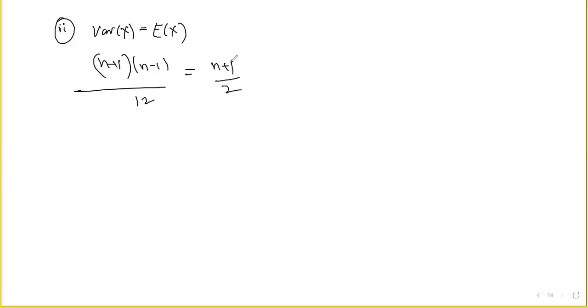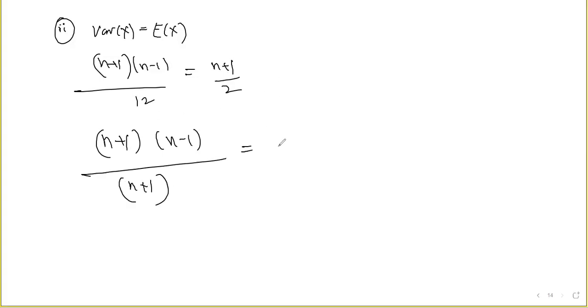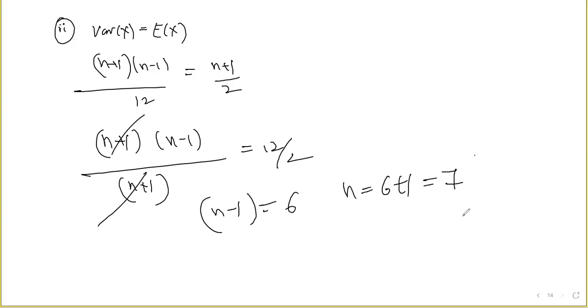If this holds, then what will be the n value? This n plus 1 goes downwards, so it is n minus 1 equals, I'll take 12 this side, 12 by 2. This n plus 1 gets cancelled. n minus 1 equal to 6. So n equal to 6 plus 1, that is 7. Right? So in this way, we can find the n value for two different cases. Right? So we go for the next example.